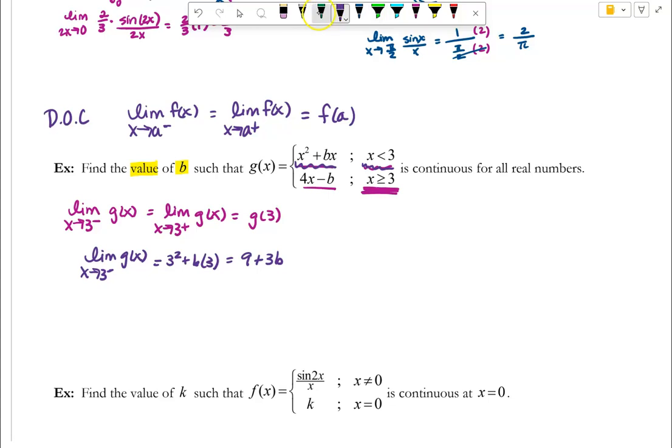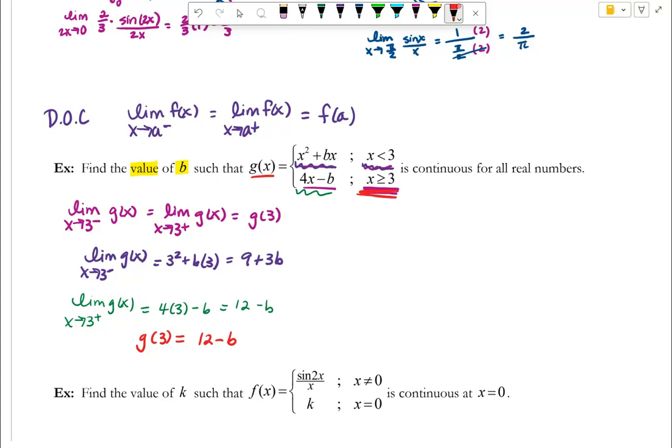When we evaluate the limit from the right, as we approach 3 from the right on the x-axis, I know I'm using the bottom piece of my piecewise. That just becomes 4 times 3 minus b, or 12 minus b. And that's also the value of g of 3, because for our function value I would plug the 3 into the bottom piece. So that's also 12 minus b.